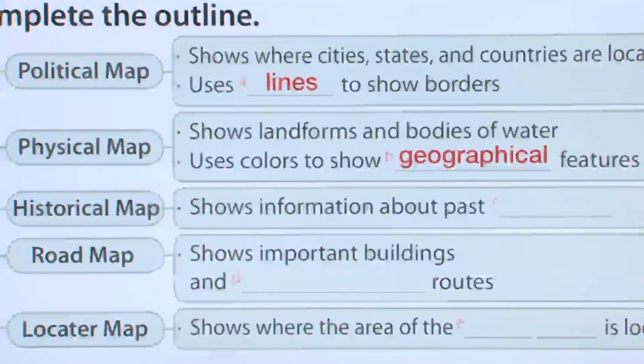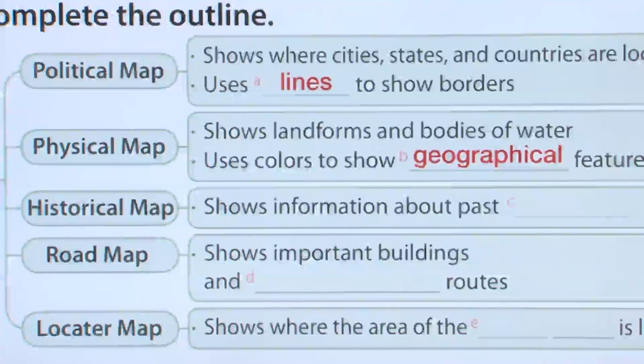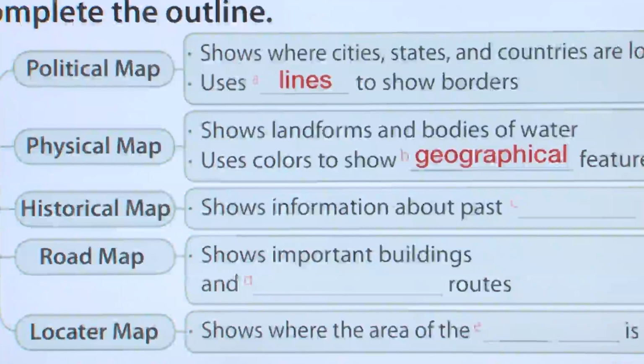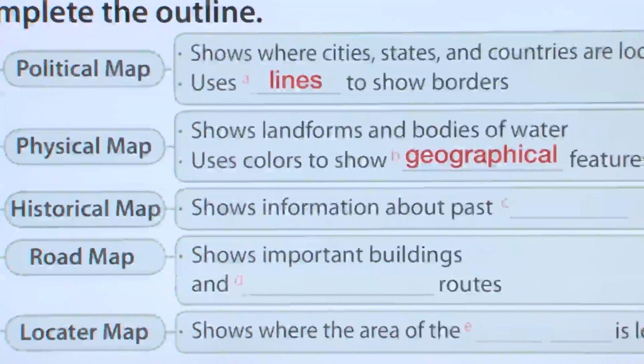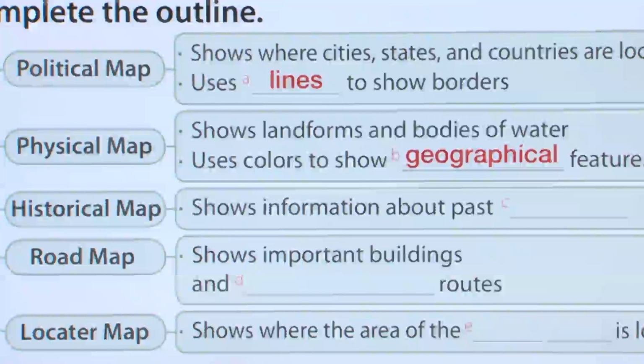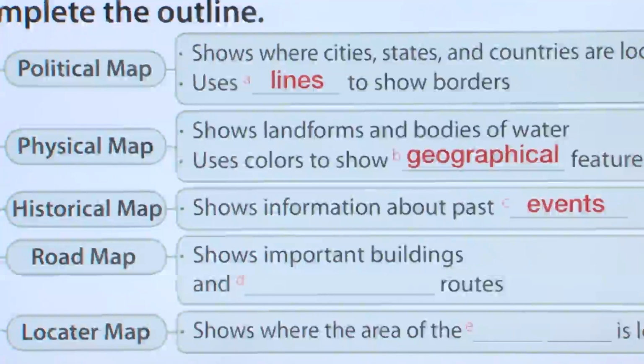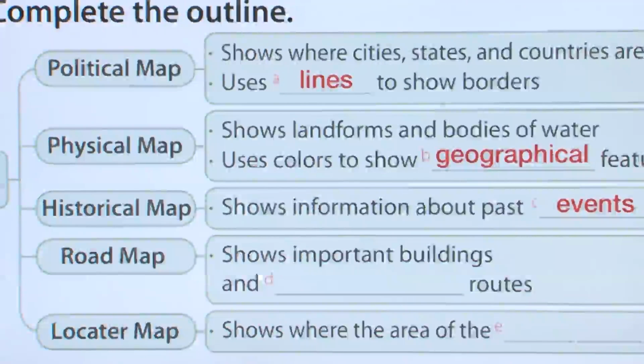Historical map shows information about past birthdays? Past holidays? Past events, yeah, things that happened in the past. The road map shows important buildings and blank routes. Now you remember this.